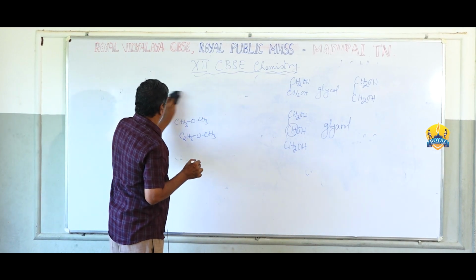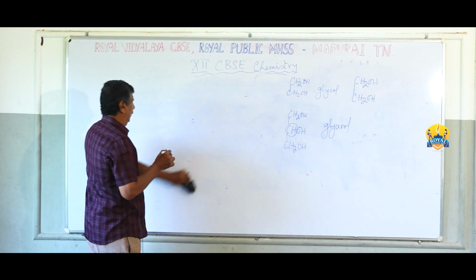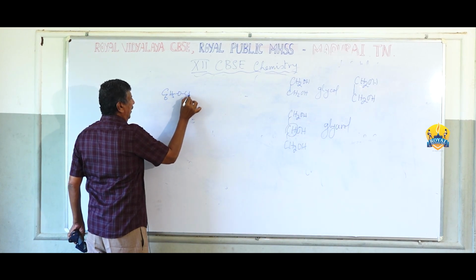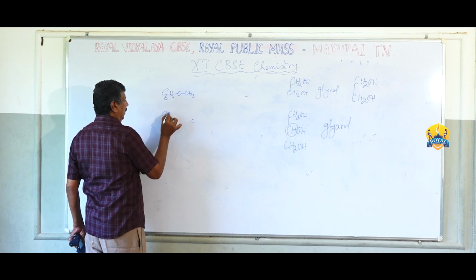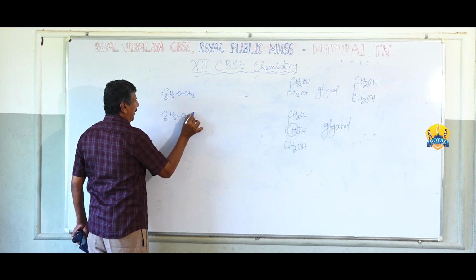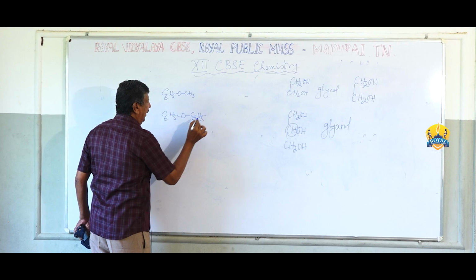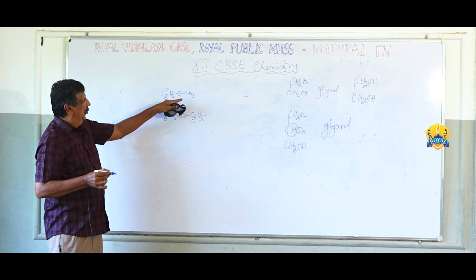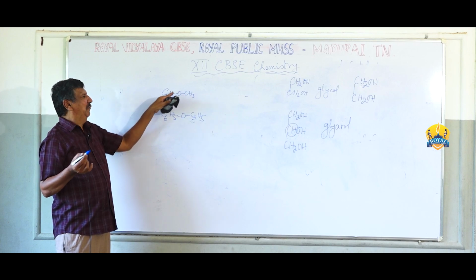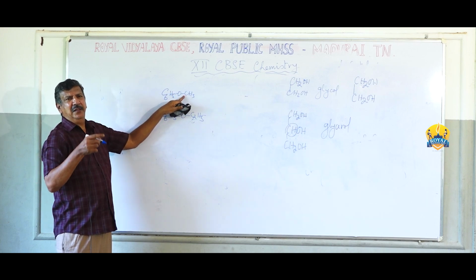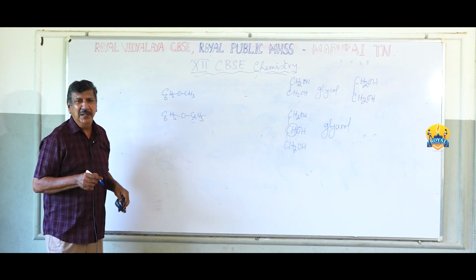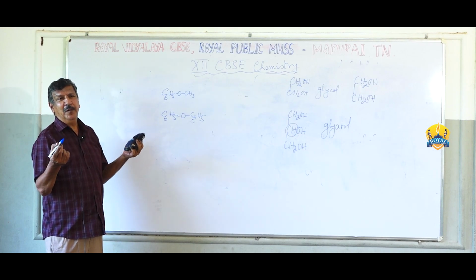But you see, these two compounds are slightly different from ethers. What difference? You can name them like this: methyl phenyl ether as per alphabet, ethyl phenyl ether, but they are given entirely different names.